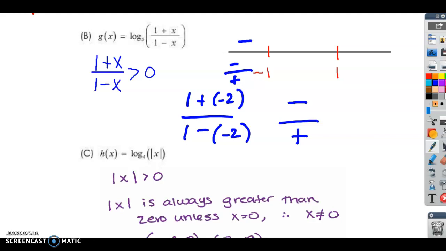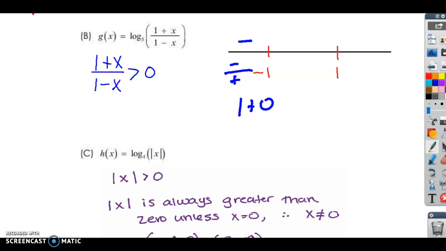Well, what happens if we put in a value between -1 and 1? I like 0, so let's try 0. We end up with a positive value in the numerator over a positive value in the denominator. So I'll put that right here. That makes the sign of that entire expression there positive.